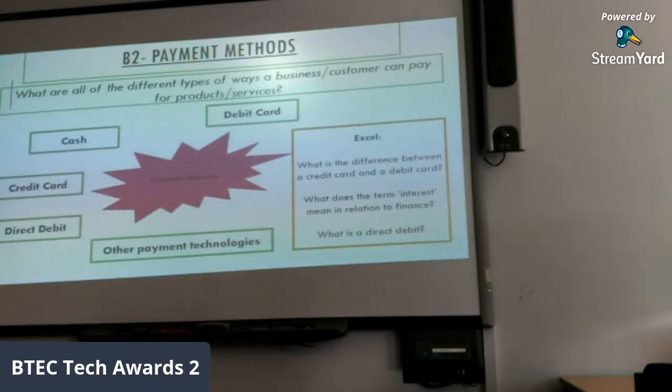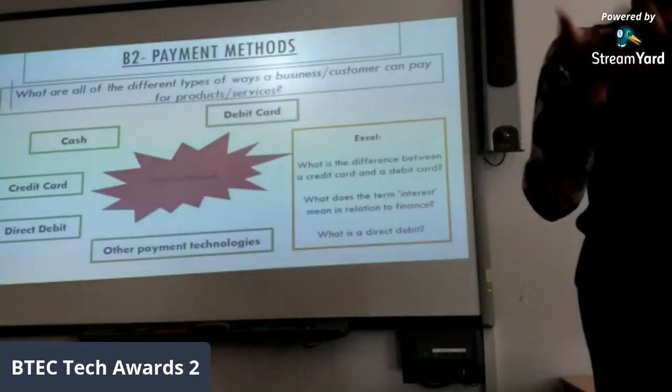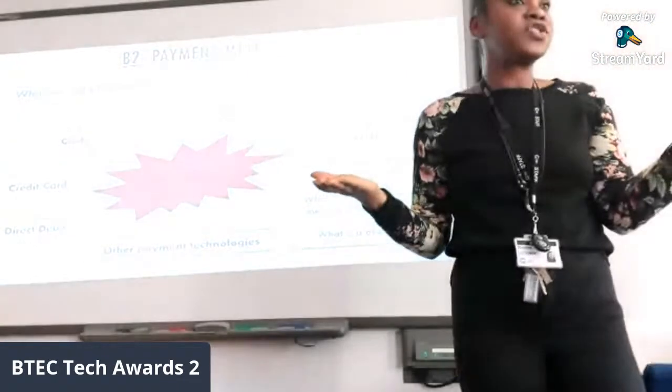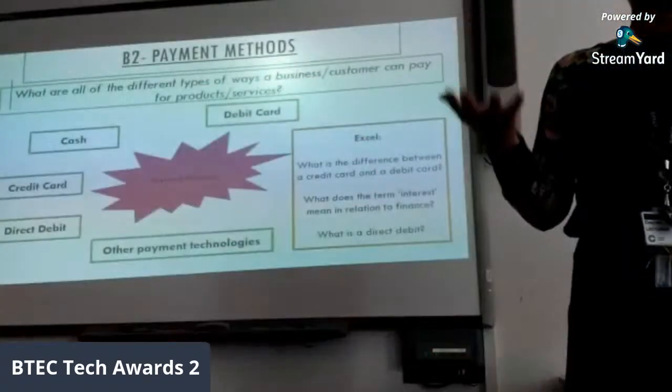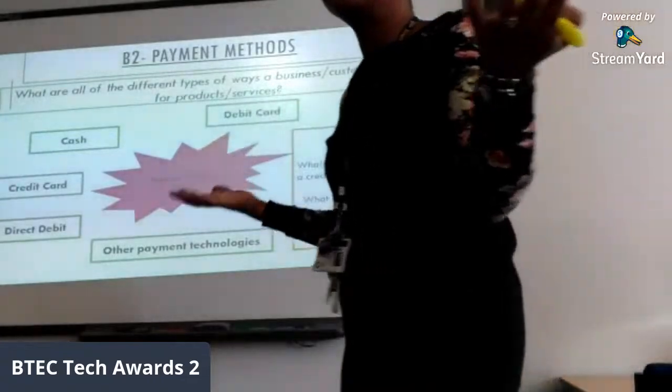So credit card is money you borrowed, but debit card it's your money. The bank is keeping it for you. So when you're talking about the definition for credit card, think money you don't have, but you have to pay interest on it to use it.